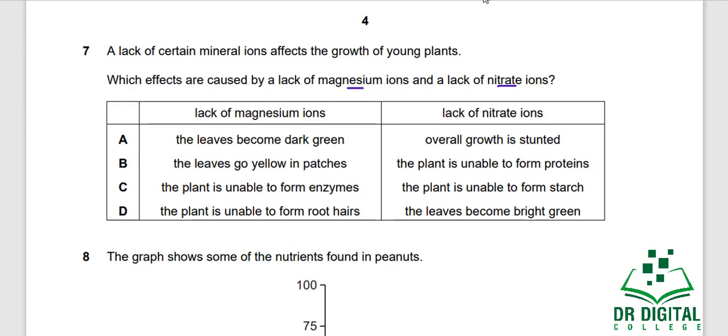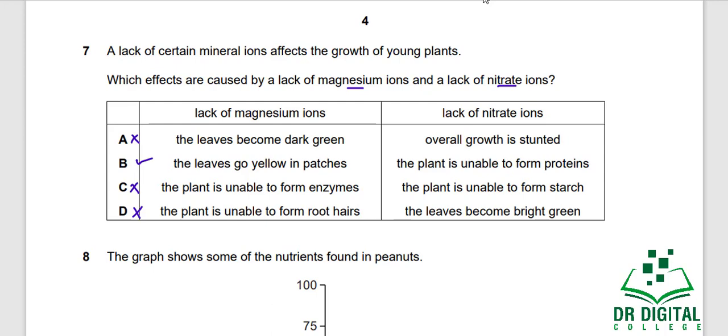So with the lack of magnesium, the leaves will become dark green? No, it is not possible. They will become rather yellow. The leaves go yellow in patches. Yes, it is. The plant is unable to form enzymes? No, magnesium may not be present in some enzymes, so C is wrong. The plant is unable to form root hairs? No, this is not there, because root hair cells have no chlorophyll. So the answer should be B for this.